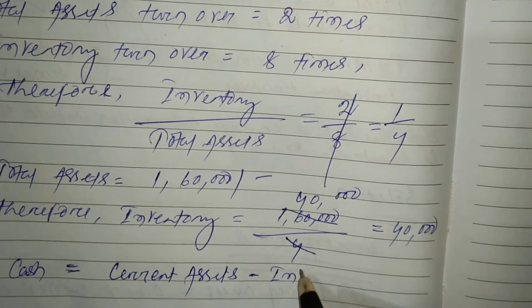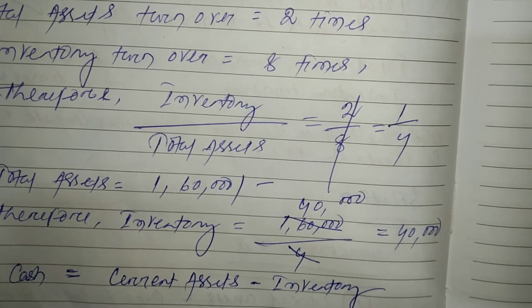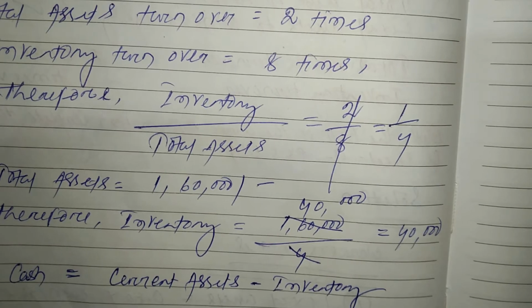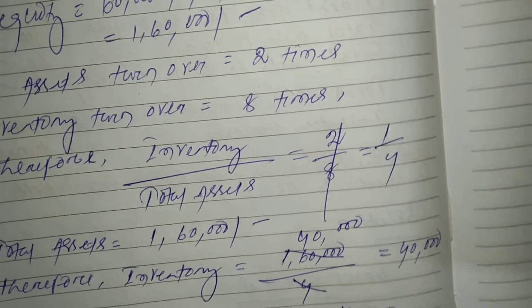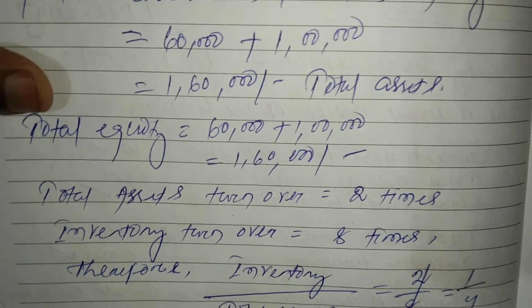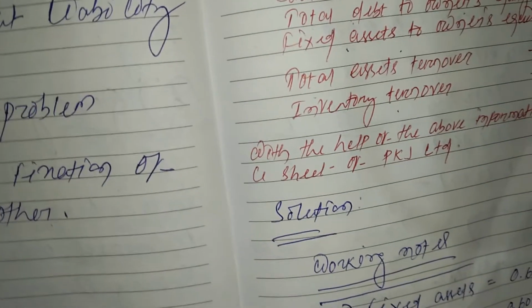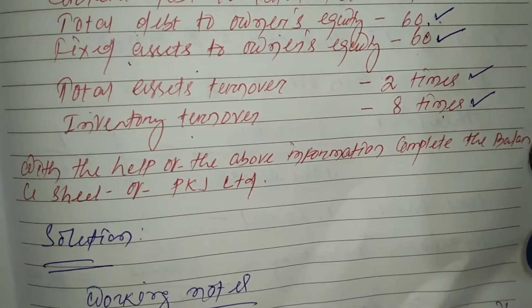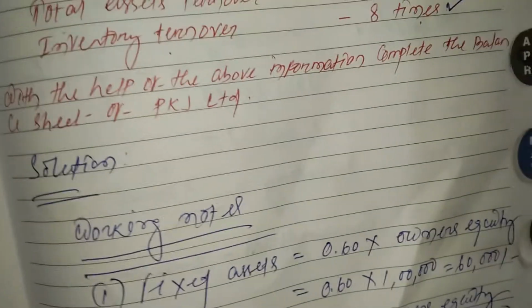Since we have already obtained fixed asset, we have already obtained fixed asset 60,000.